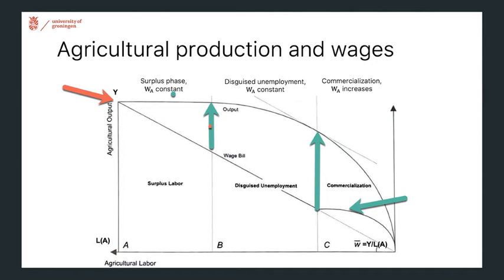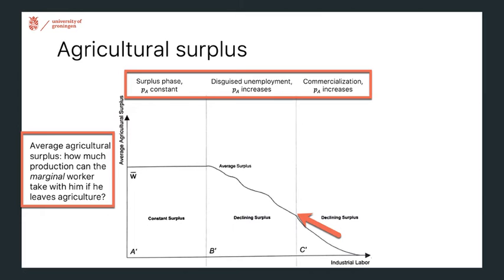And in this first part, we can also see why the average surplus is constant, because this part over here is a triangle. So every worker can basically take with them, or can still consume, this W bar of food, even though they are no longer working on the land.